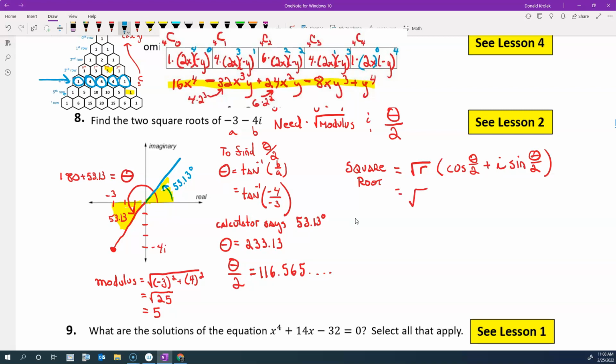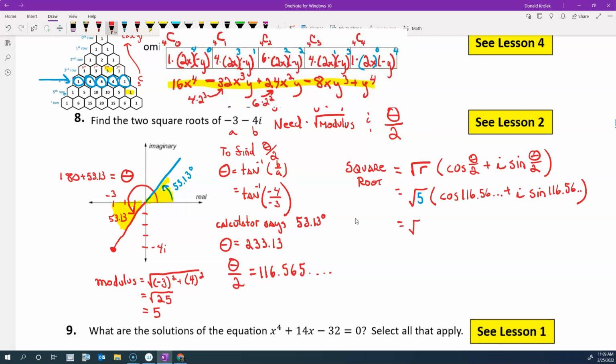R is 5. Cosine 116.56..., plus i sine 116.56... And then you multiply those out.